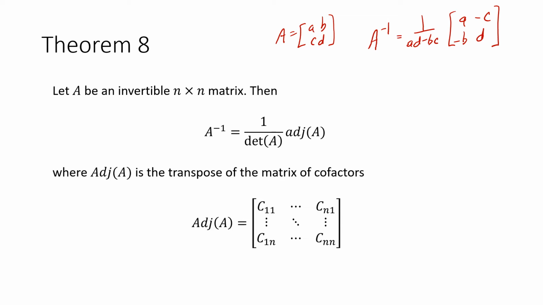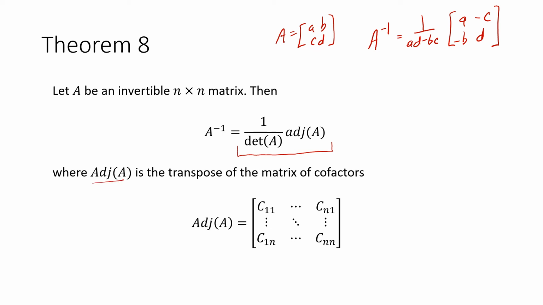Theorem 8 says that the inverse of a matrix is 1 over the determinant of A times the adjugate matrix of A. What is the adjugate matrix of A? The adjugate matrix of A is taking all of those cofactors that we've been using for figuring out determinants, putting them in a matrix, and transposing them.